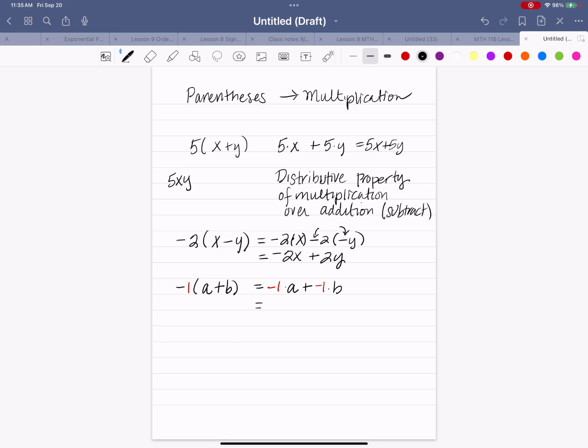So that's going to give me a negative a, and then plus a negative, remember that's a minus b. Positive and a negative will make a negative, so that's going to be minus a minus b. Well, if there's a minus sign outside of parentheses, what we really have to do is just change the signs of everything inside. So notice how that positive x is now a minus x, and the minus y is now a plus y.